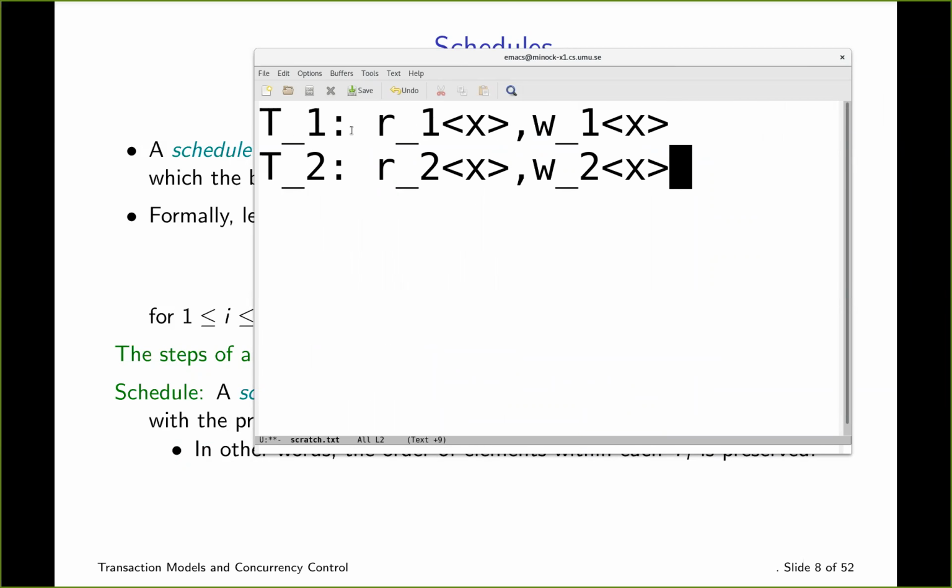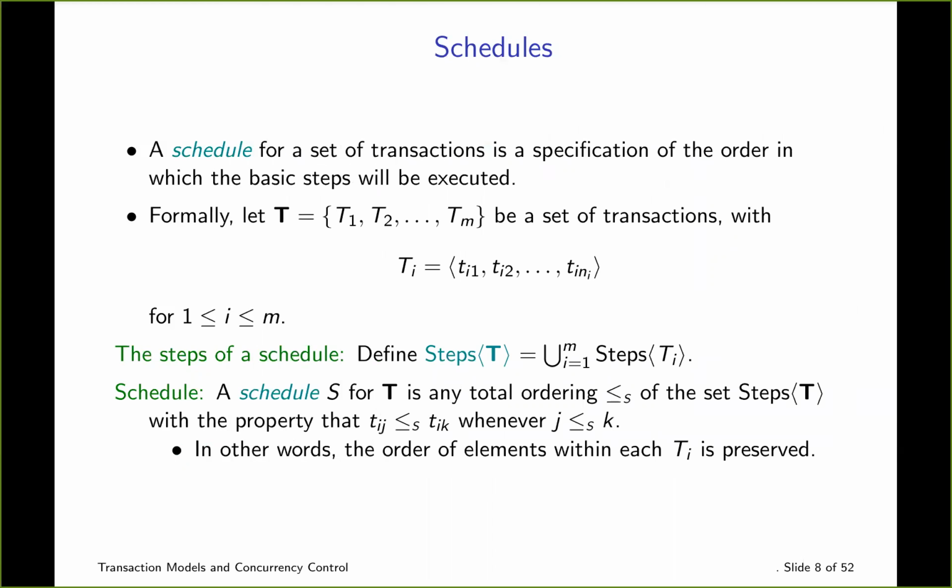Let's say that's the compounding one. It was reading the value of account number 15. We call that X. And then it was writing it. And likewise, transaction number 2 was reading account number 15 and then writing account number 15. And I'll show you a schedule in one second. So those are two transactions, 1 and 2 there.